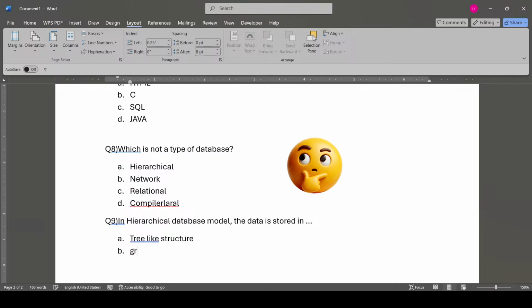Next is a graph-like structure. Next is a tabular structure. Next is a file-like structure. Just going to change the MCQ.